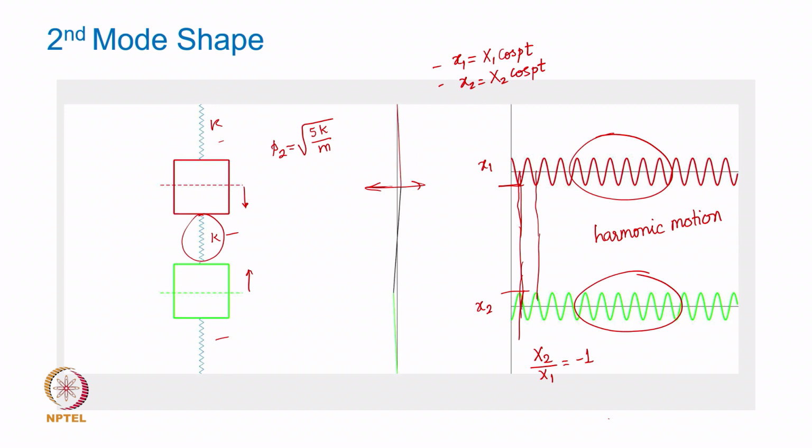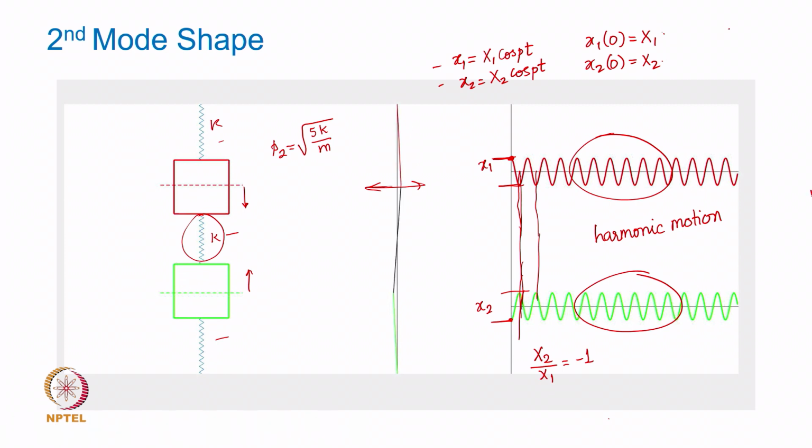So, if I take t equal to 0, x1 at t equal to 0 is going to be x1 and x2 at t equal to 0 is going to be x2, which means that at t equal to 0 I must give an initial displacement to the mass m2 to be such that they have a value which is related.